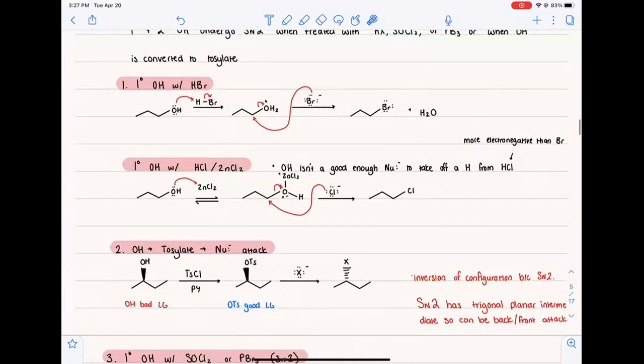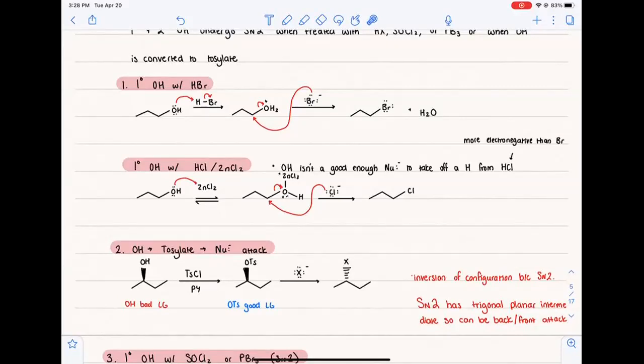Over here, we have primary alcohol with HBr. That would react with HBr just alone. But when we have HCl, we also need to react it with zinc chloride. I don't know how to name that actually, so we're just going to call it ZnCl2.